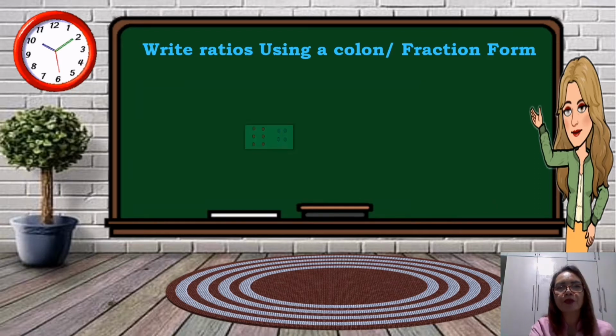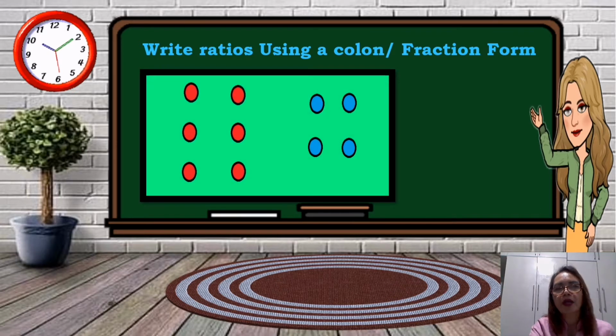Example number 2. Okay, we have red dots and blue dots. We're going to compare the number of red dots to the number of blue dots. So, how many red dots? We have 6, and the blue dots, we have 4. So, what is the ratio of the red dots to the blue dots? That becomes 6:4.